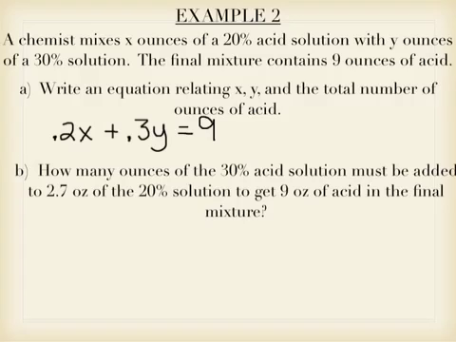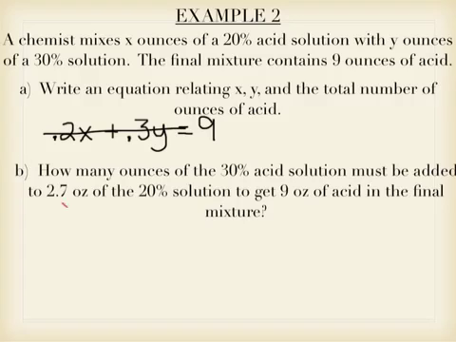Now, read that next part and tell me the only number that's new. 2.7. The 2.7 is the only number that's new. All of that other stuff we already have handled in this equation. Where does that 2.7 go? It doesn't replace the 20%, but what variable is with the 20%?